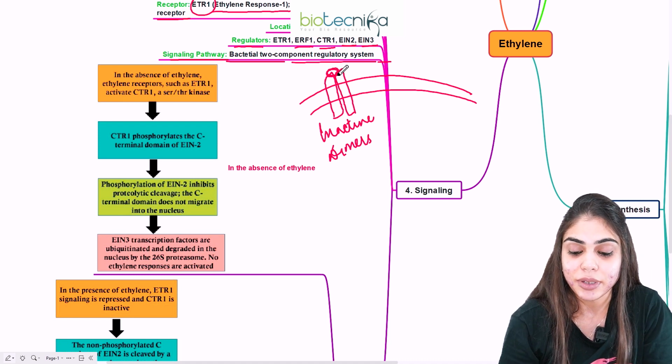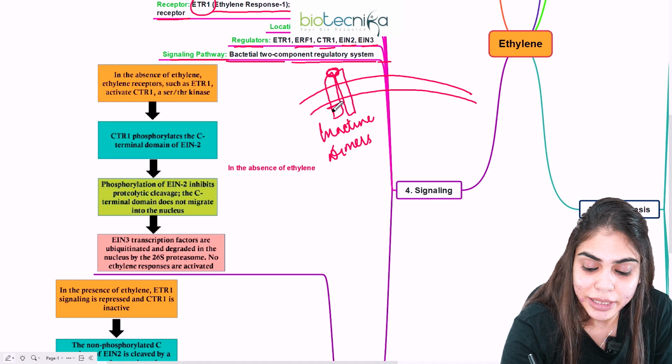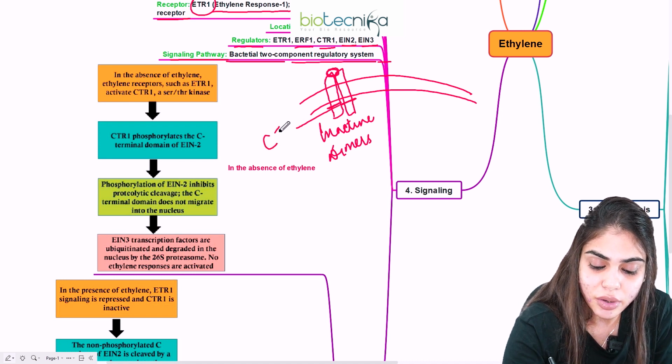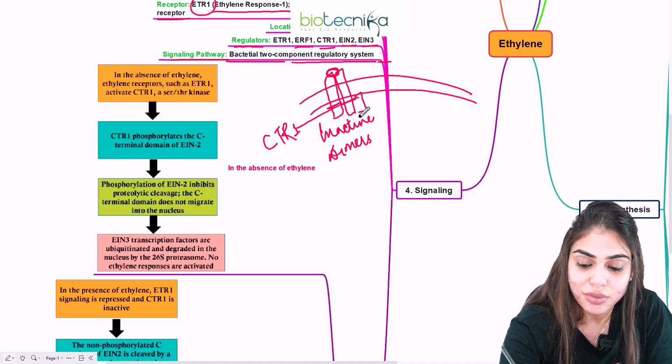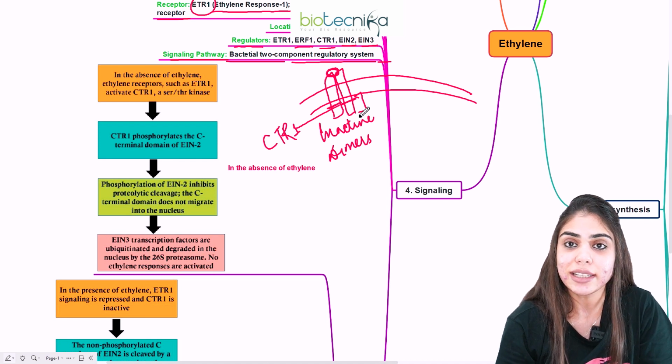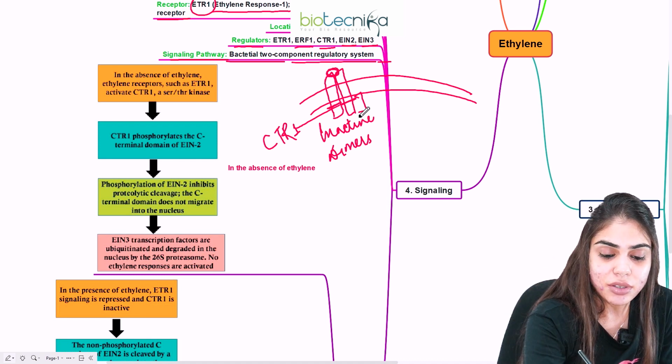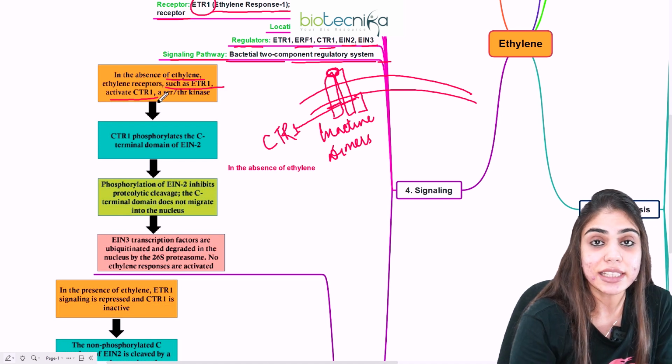But in this receptor, there is one domain that is called the CTR1 domain. This is called constitutive triple response 1 domain that is present in the cytoplasmic domain of this receptor. So when the signaling is off, in the absence of ethylene, such an ETR receptor will activate CTR1.